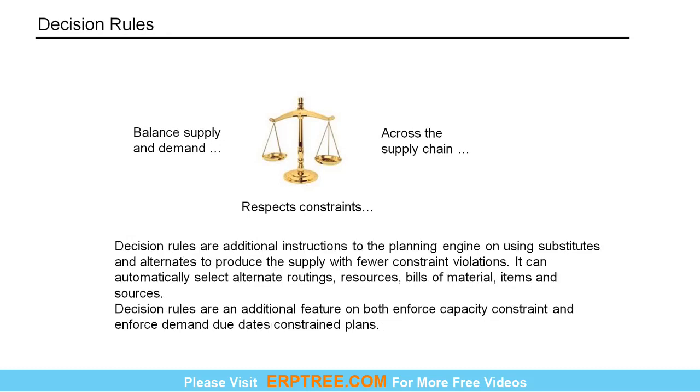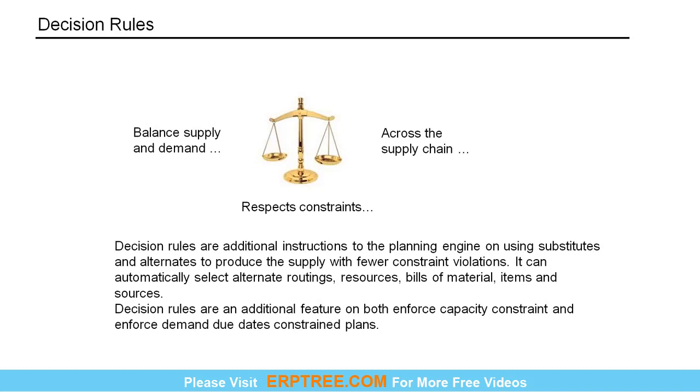The decision rules are some additional instructions to the planning engine to use substitute and alternate products, which I have already said previously. As in the example of Nokia 5510 and Nokia 5520, you can tell the ASCP planning engine to suggest alternate products if the original product is not available, or to suggest alternate routings and alternate bills of material, so that the making of the assembly becomes faster.